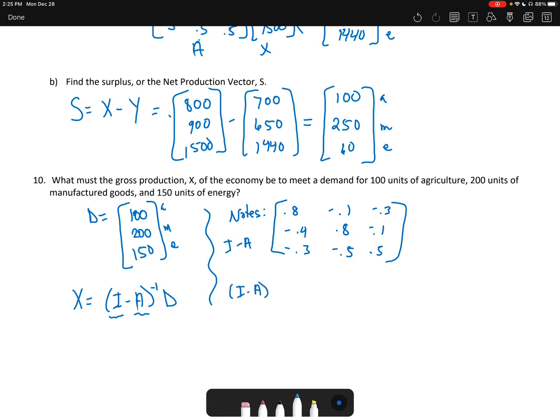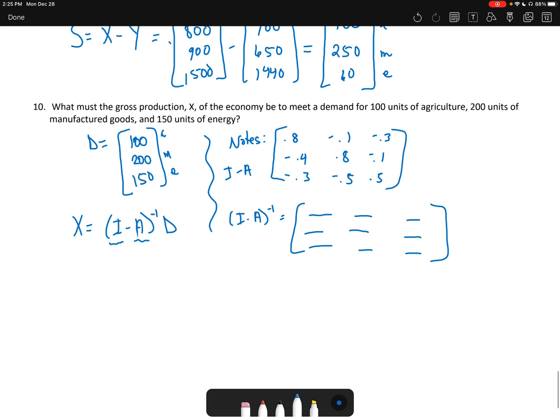Then you probably want to tell me what you got when you did (I minus A) inverse. Write that down. It's going to be long. You're going to have to round it off, but you can give me those different entries as a place for me to check your work.